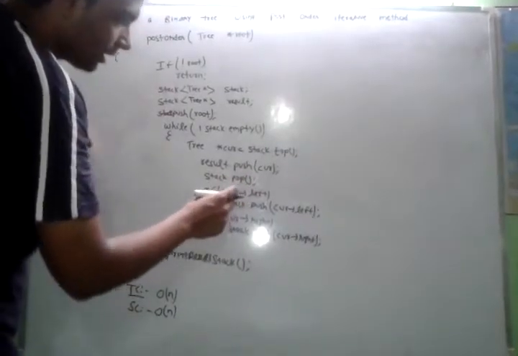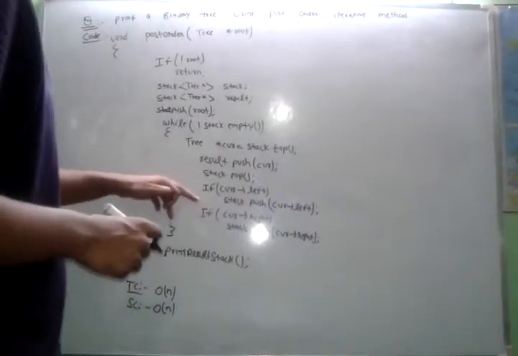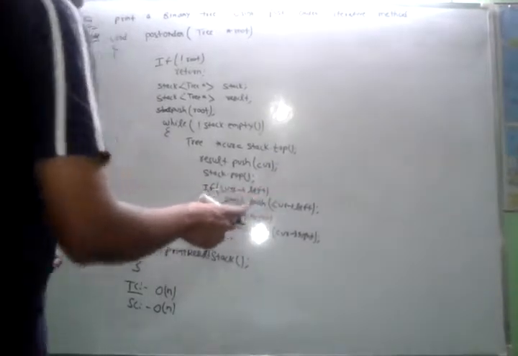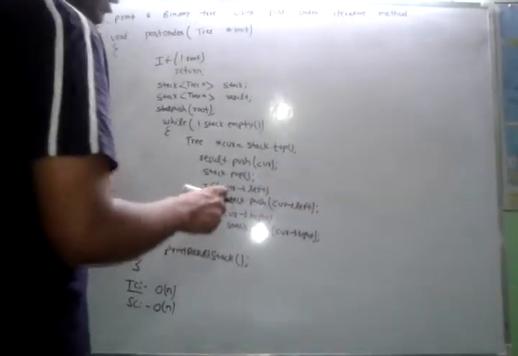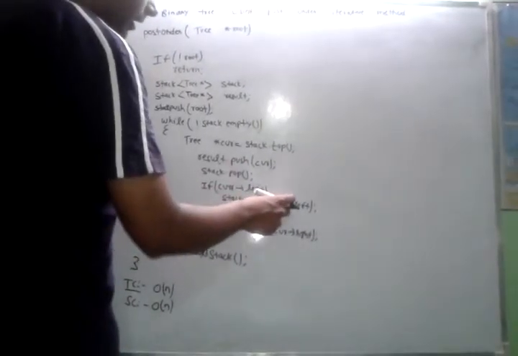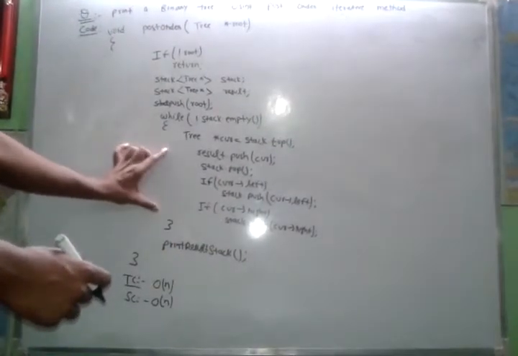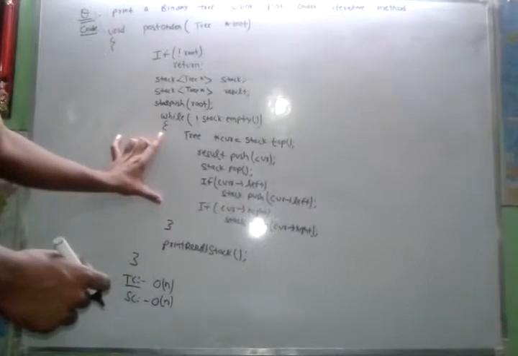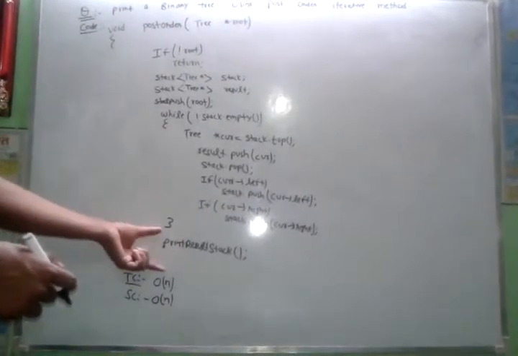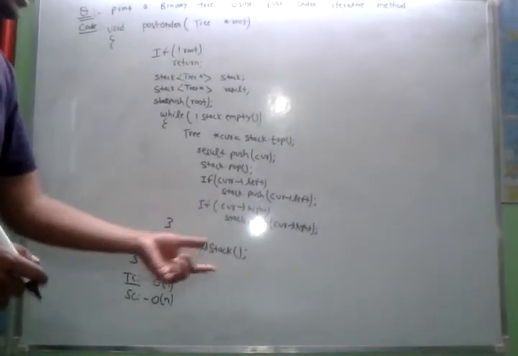If it has left and right children, we push those elements into the stack. After finishing this loop, we print the result stack.